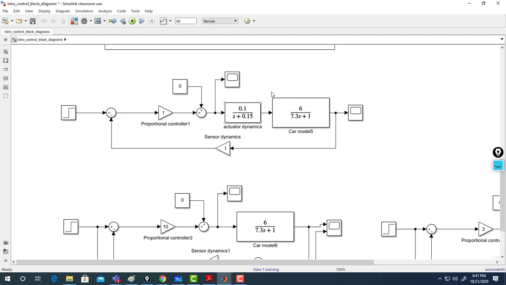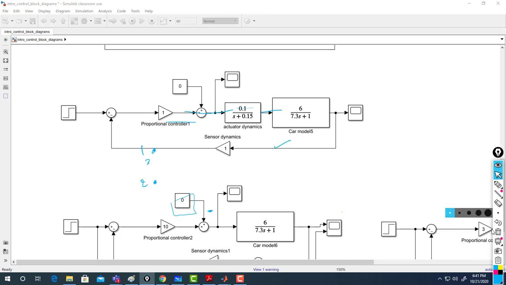So now my system as a whole is a high order system. It's not first order now. My system is a second order system. My plant, the one that I want to control, is higher order.